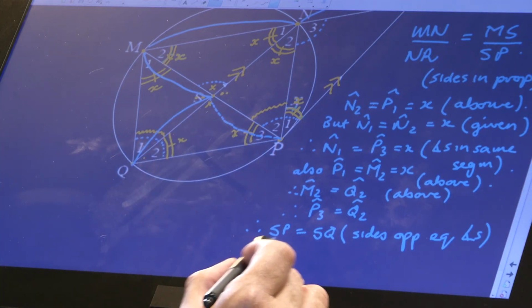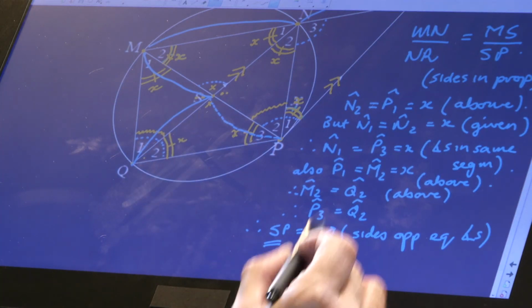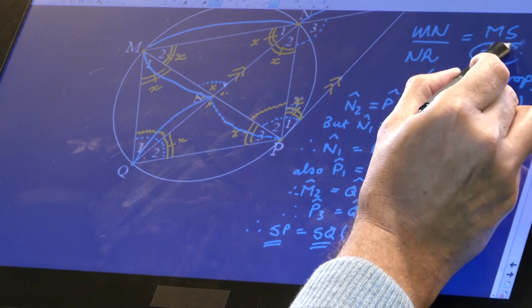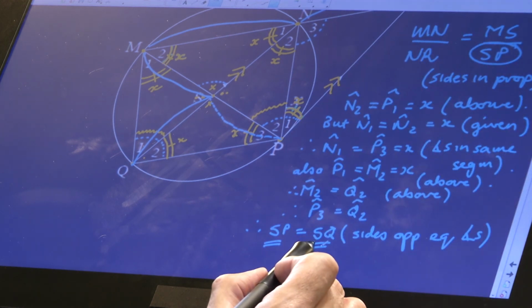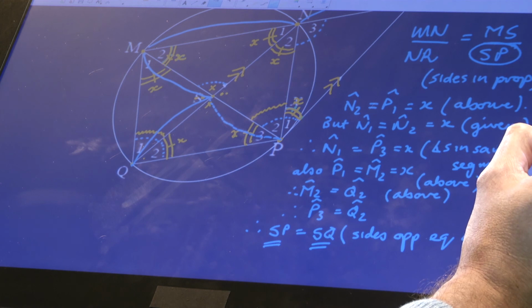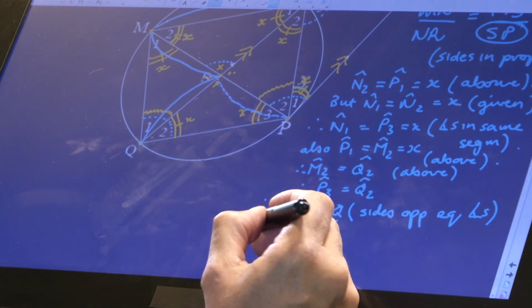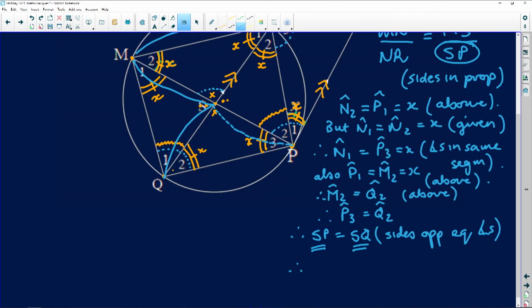So we can now go and replace the SP in here with the SQ. And that is what they wanted us to prove. So we can finally conclude that MN over NR is equal to MS, which is what we had, over the SQ.